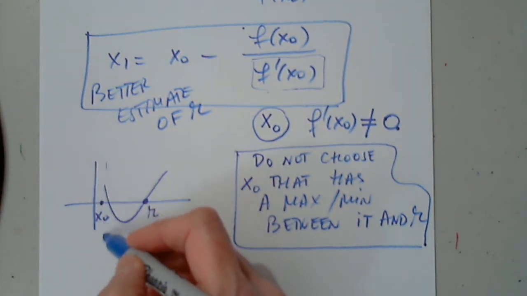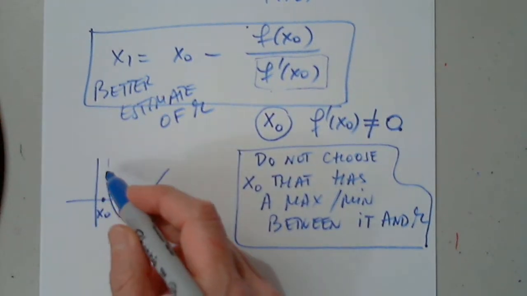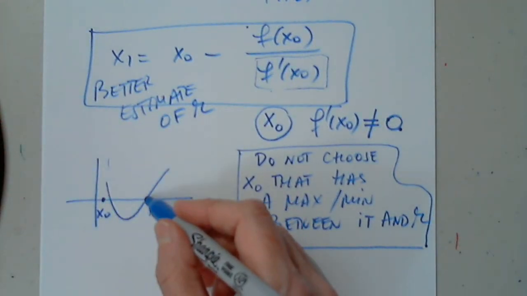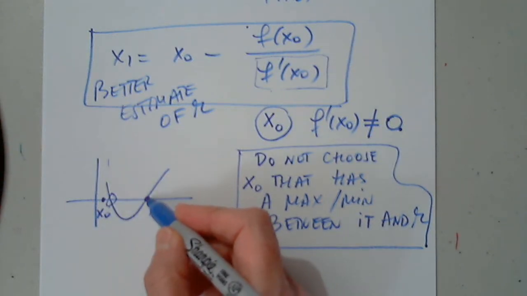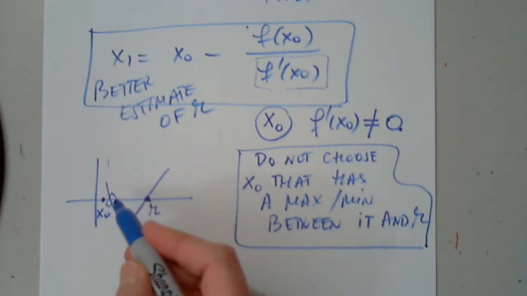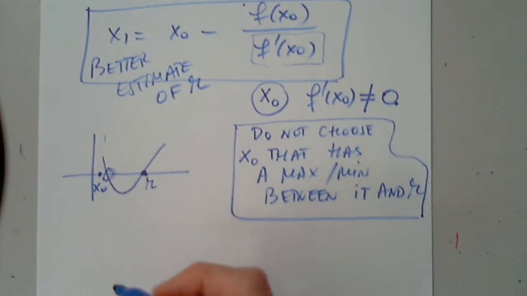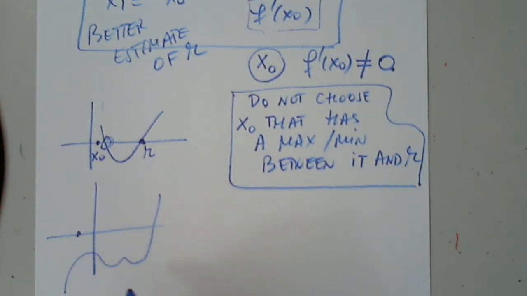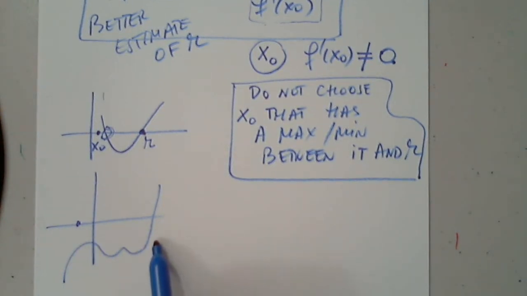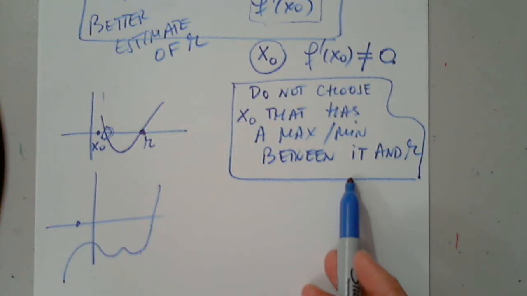It will stay here forever. It will get closer to this, but not to R. If I have something like this, and I start here, it will never converge because there is a max or a min in between. That's all this says. Okay, back to our graph.